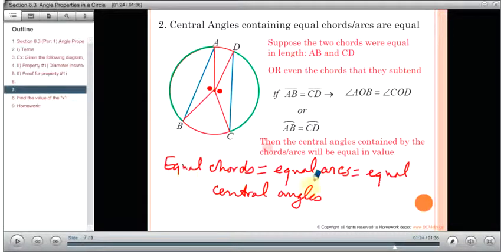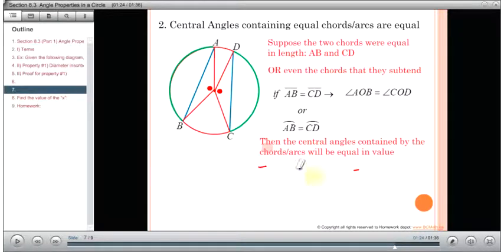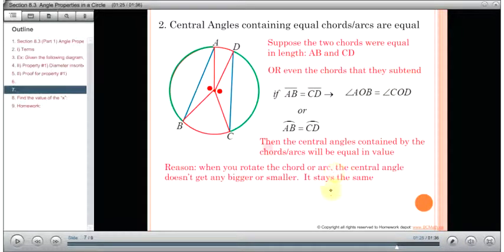And so any variation of that, so central angles that are equal will give you the equal arc and equal chord. So it's good to know. And again, here's the reason why: when you rotate the chord around, the central angle doesn't get any bigger or smaller.